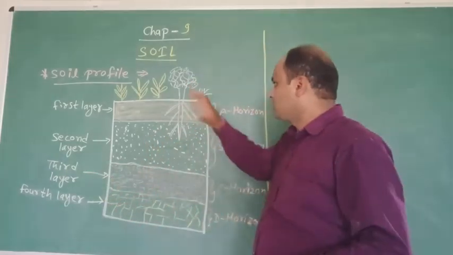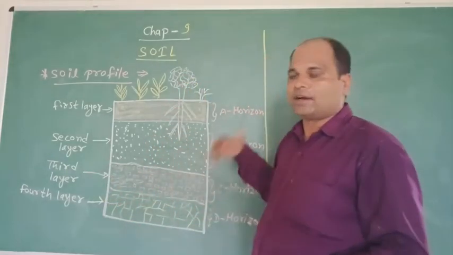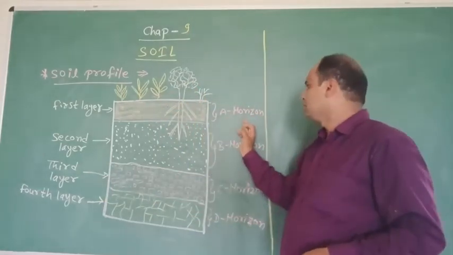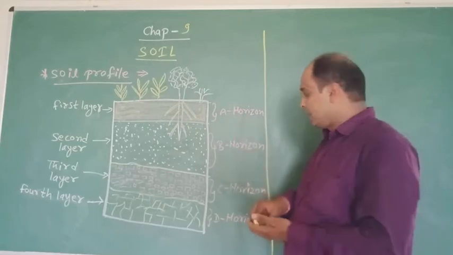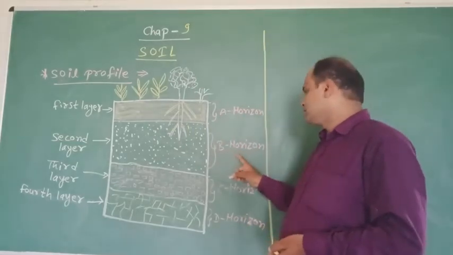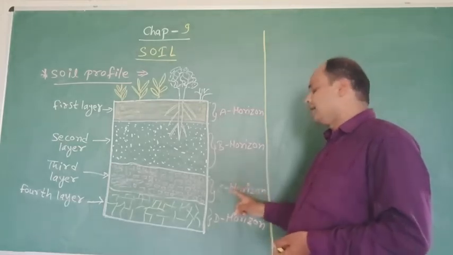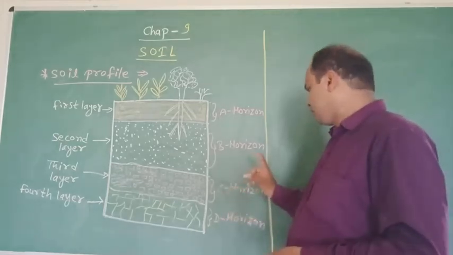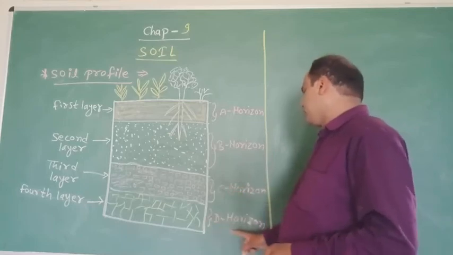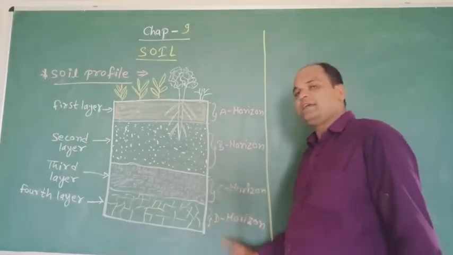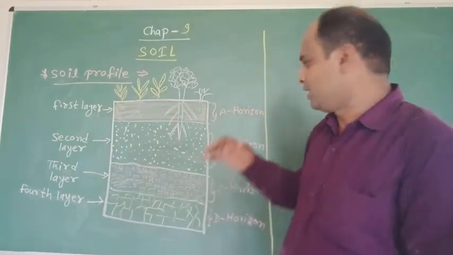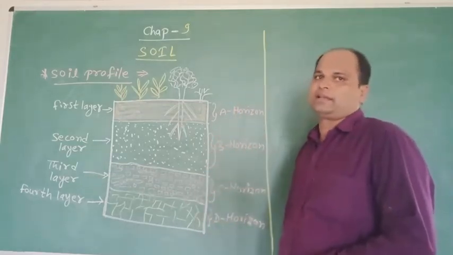All these layers have different names. The first layer is called A horizon, the second layer is known as B horizon, the third layer as C horizon, and the fourth layer as D horizon. So the soil profile is divided into four layers.